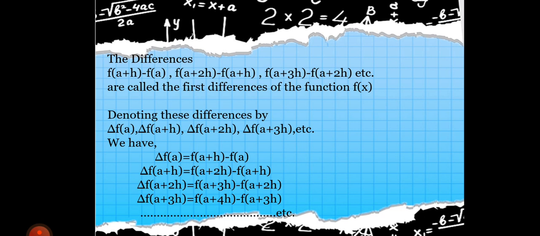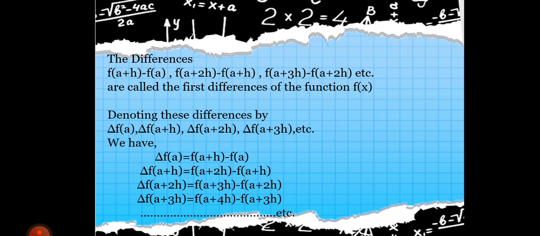So you can see that these differences are directly from the dependent variable. These differences are also called the forward finite differences, and we can use delta to denote these differences. So denoting these differences by delta f of a, delta f of a plus h, delta f of a plus 2h, and etc.